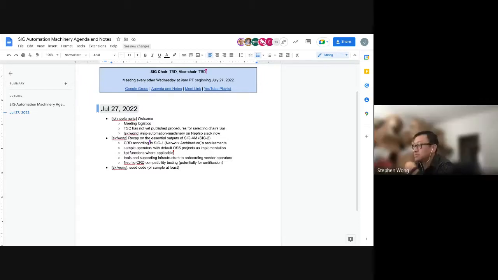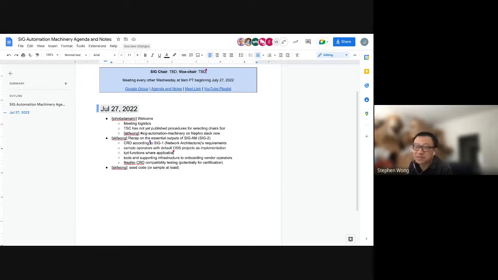Hey, hello. Basically, repeating what John said a little bit, during the summit we talked about this SIG: what's the responsibility, and what are the essential outputs of the SIG?